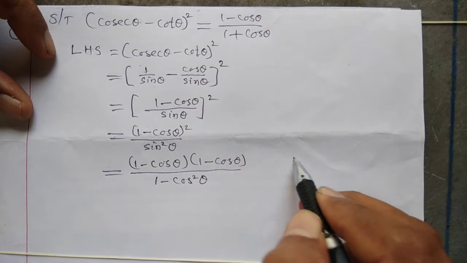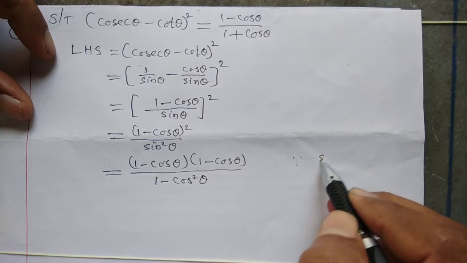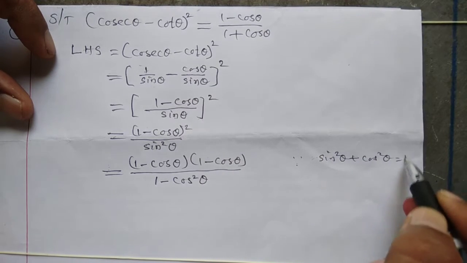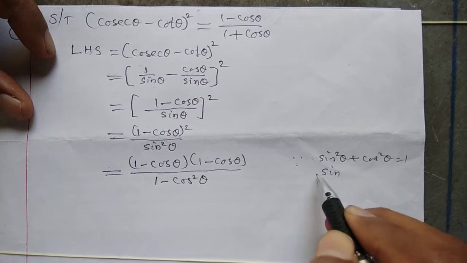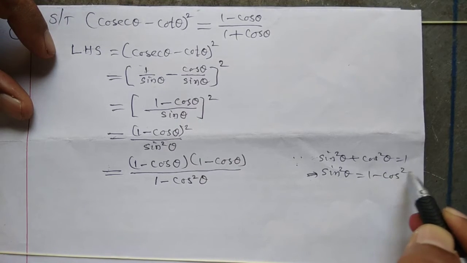We know that sin square theta plus cos square theta is equal to 1, then sin square theta is equal to 1 minus cos square theta.